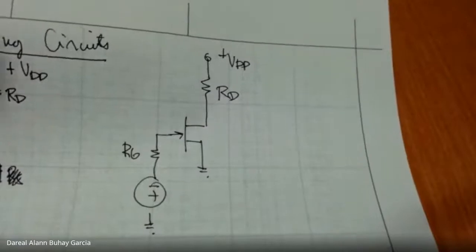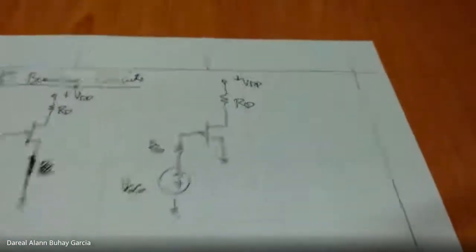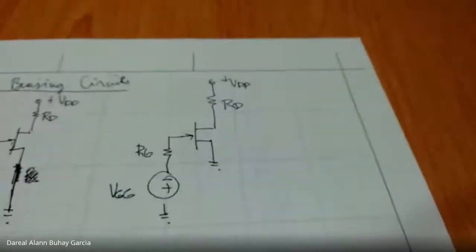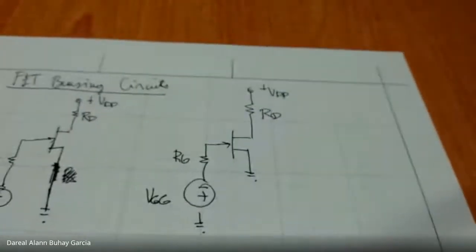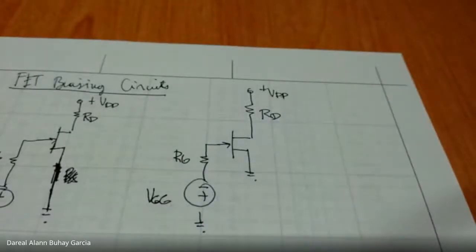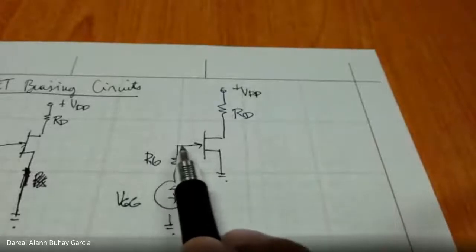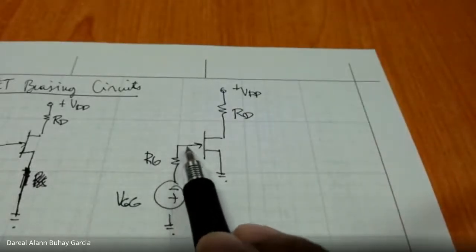Ang simple lang ito na awon. VDD. And this is tungod kay voltage source niya na connect siya sa gate. This is what you call VGG. So, mag-derive to equation. Let's remember that IG is equal to 0, no?